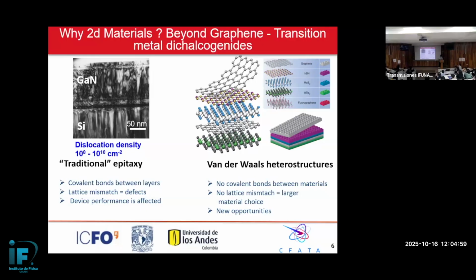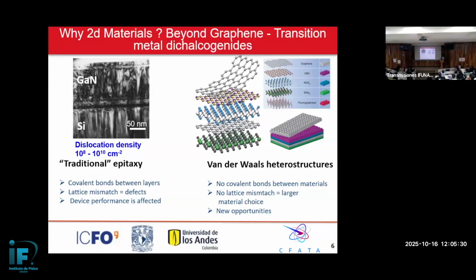With 2D materials, you don't have to worry about that. Since there are no covalent bonds between one layer and another, you can stack each material as you want. It's like playing with Legos. When we were kids, well, not so much kids, because I still play with Legos. So this is the analogy. And of course, that brings you a lot of new opportunities, right?